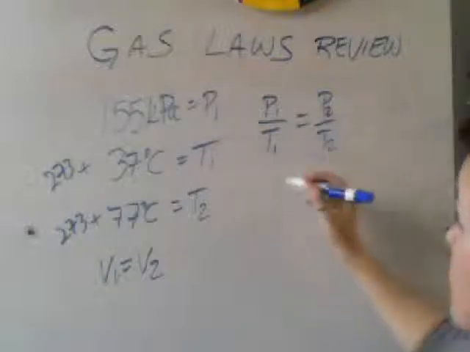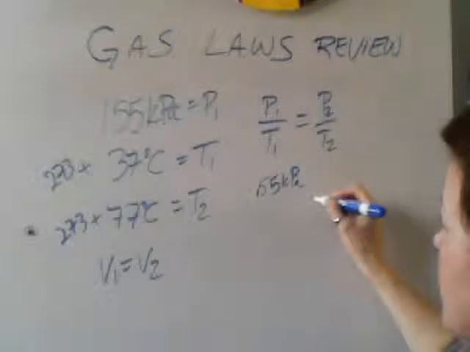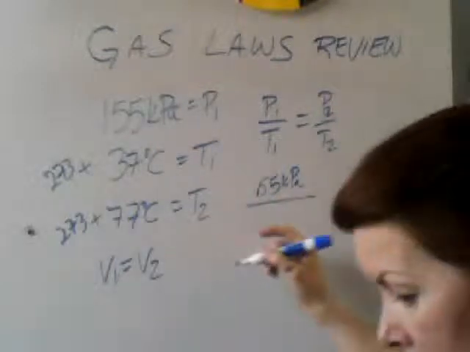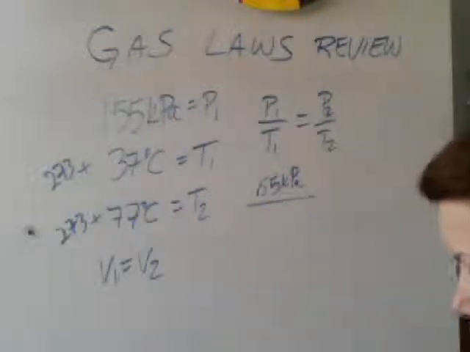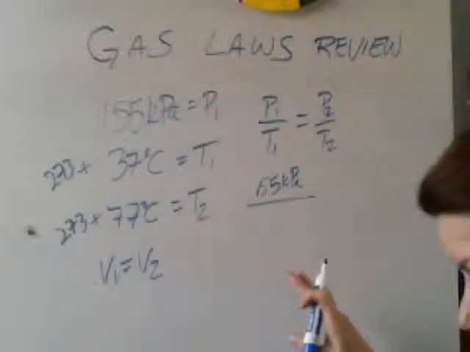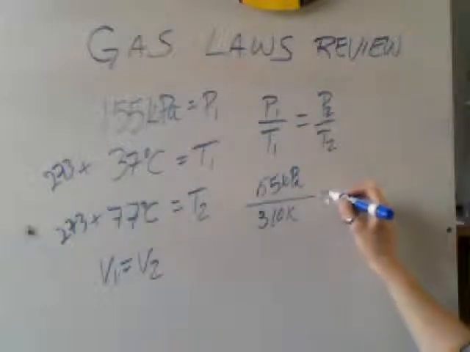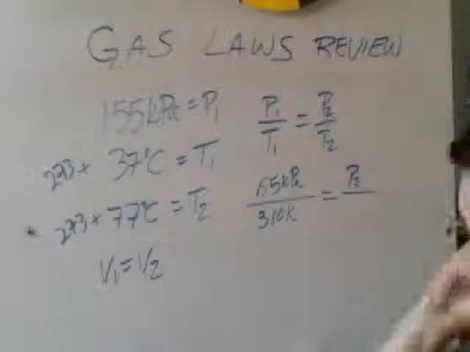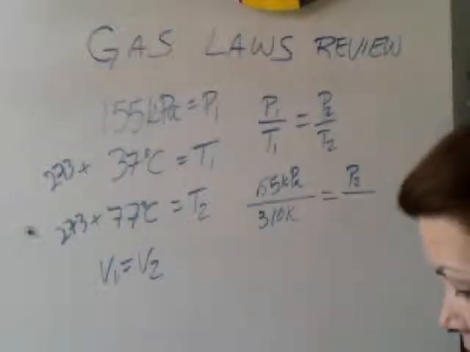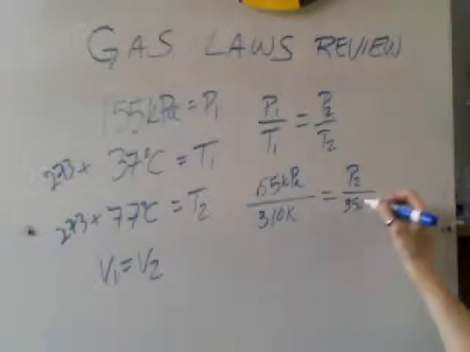Our initial pressure is 155 kilopascals divided by 273 plus 37, which is 310, and that will equal our other pressure divided by 273 plus 77, which is 350.